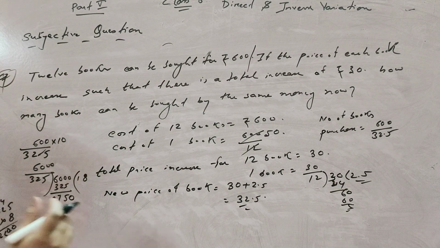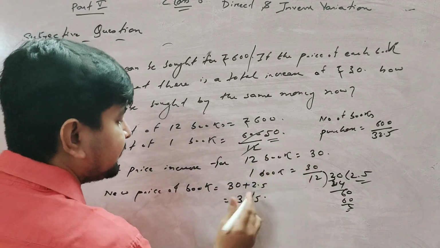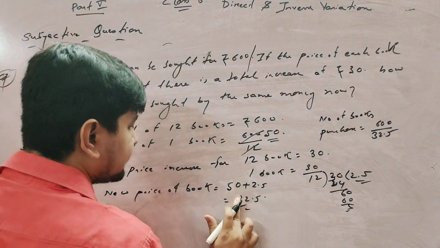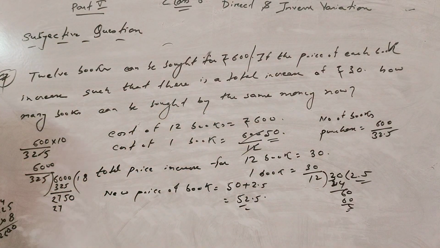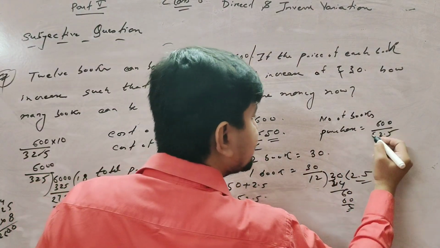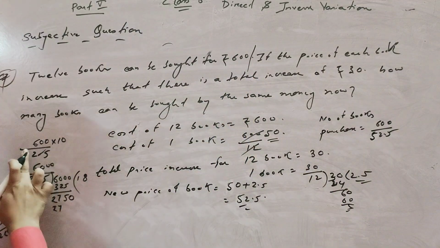Price increase. Oh, see, mistake here. This is 50, it's 52.5. Sorry, this is 52.5.